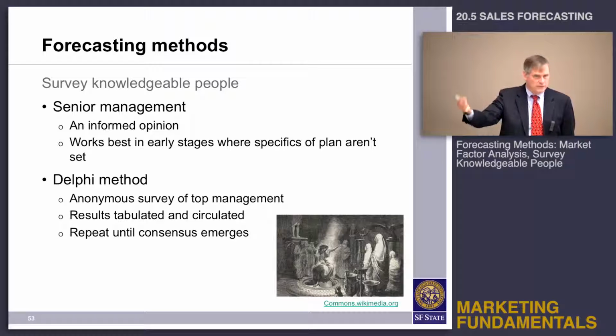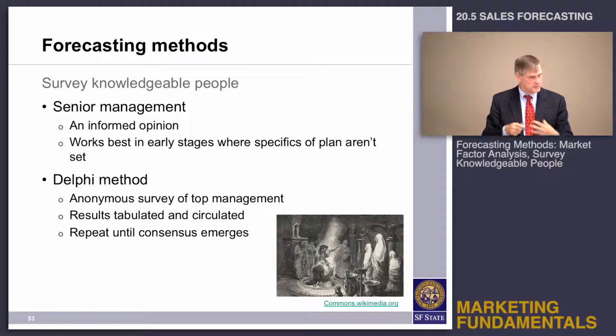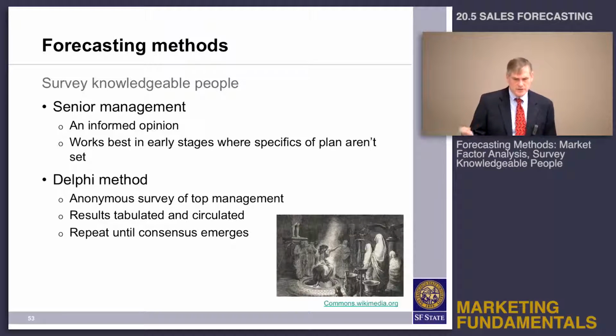The downside for senior management input is we've got the natural ego biases involved, where I tend to focus on what impacts me directly and can be less objective about the marketplace. And this approach works better in early stages of planning when you don't have a good track record, there's not a good market factor. Where do you start? There's a couple methods.